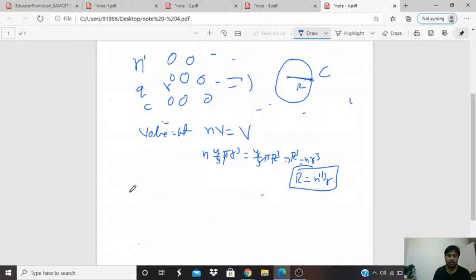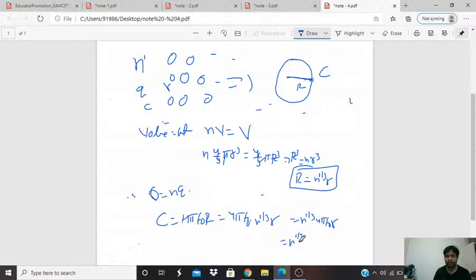And the total charge is n into Q. Now the new capacitance is 4 pi epsilon naught into R, that is 4 pi epsilon naught into n power 1 by 3 r, so C dash is n power 1 by 3 into C.